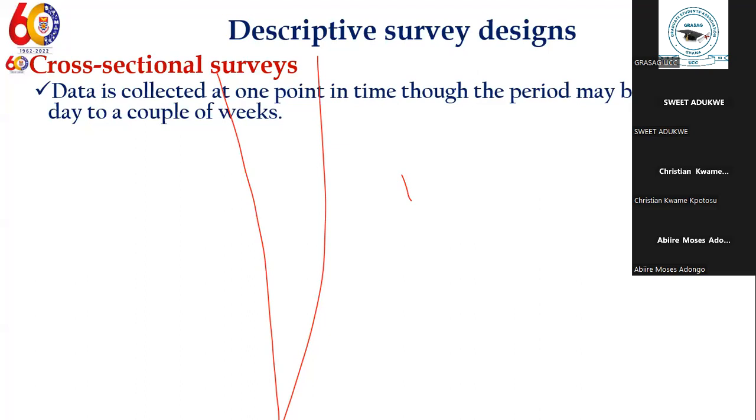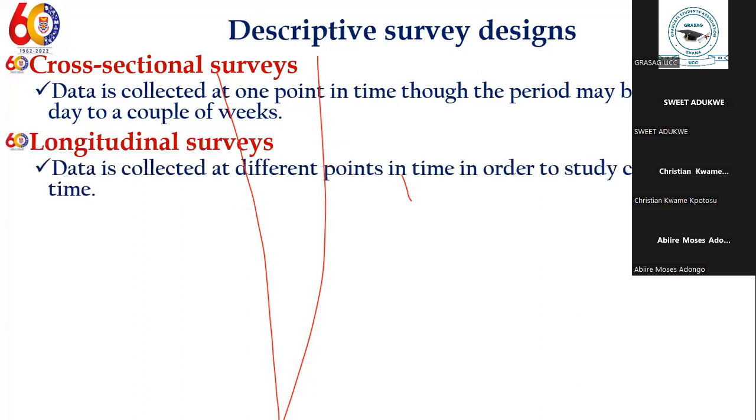The next thing we'll focus on is the longitudinal study. So in this case, you see that the data is collected at different points in time in order to study changes over time. So let's say you came to school from your level 100. Then we want to see how you develop attitude towards learning over the course of your study, that is the 4 years.